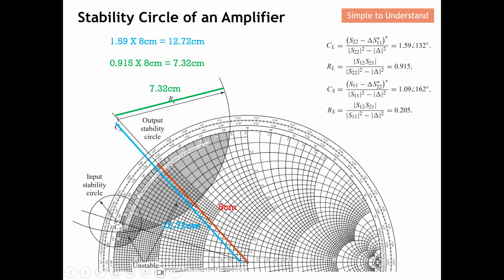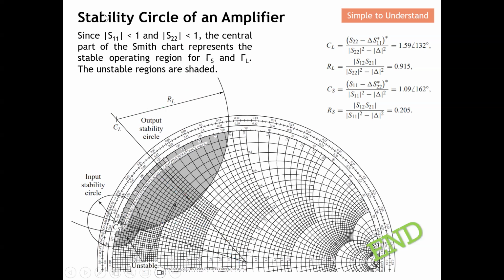So over here you realize, how to determine which zone is stable, which zone is unstable. From here you can see that since S11 is less than 1 and S22 is less than 1, the center part, which is this point here, is the one that is stable. So this part will be stable, which means the other side of this output stability circle will be unstable.